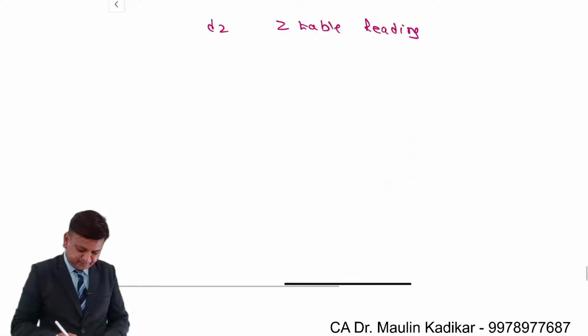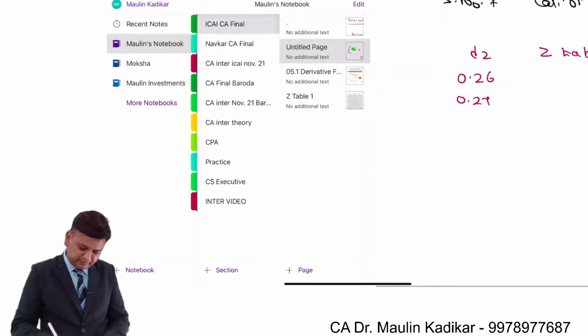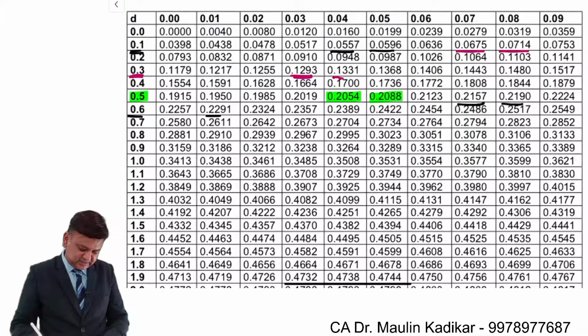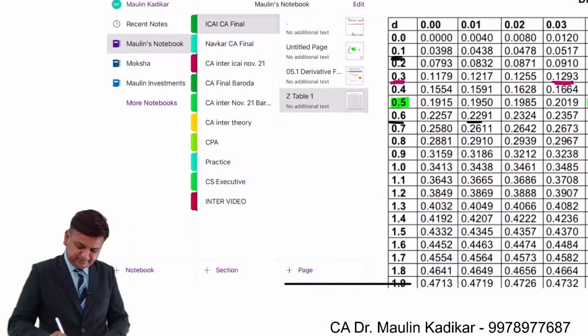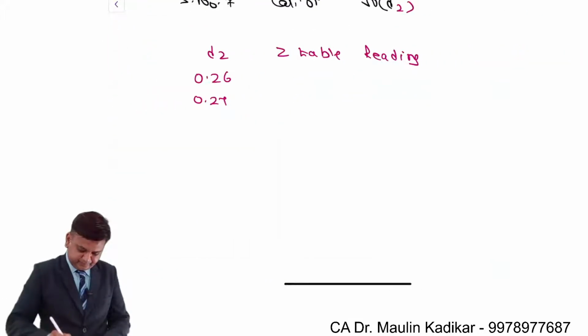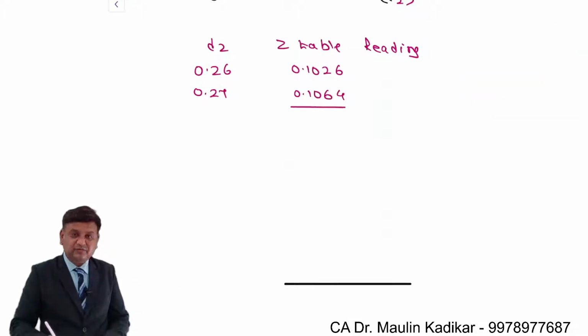Next, D2 is 0.26 and 0.27. So for 26 it is 0.1026 and 0.1064. Difference of both of them will be found.